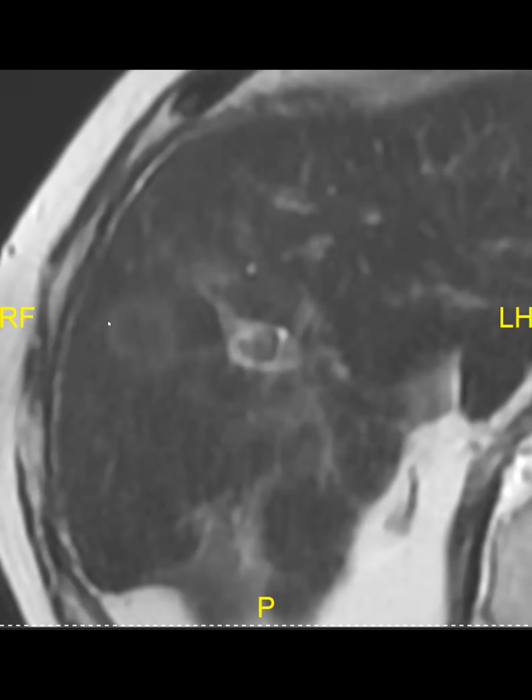If you see a lesion with this appearance, it's obviously malignancy. We just can't have over 95% certainty that it's HCC, and that's why it goes the other way. Make sense? Yep, got it.